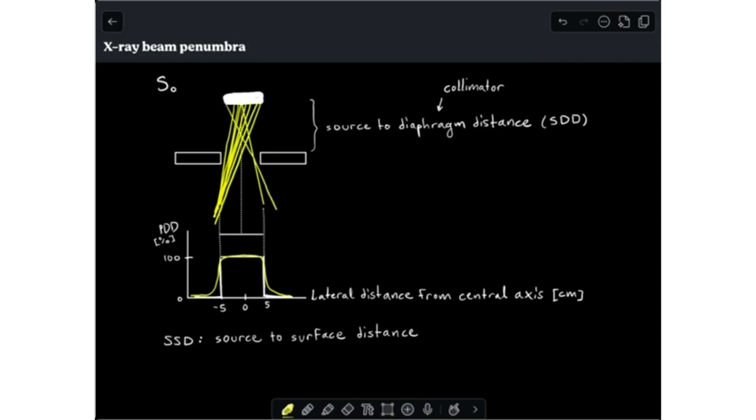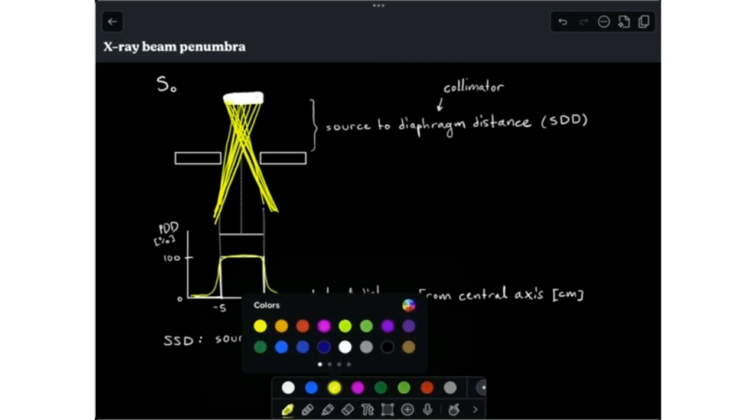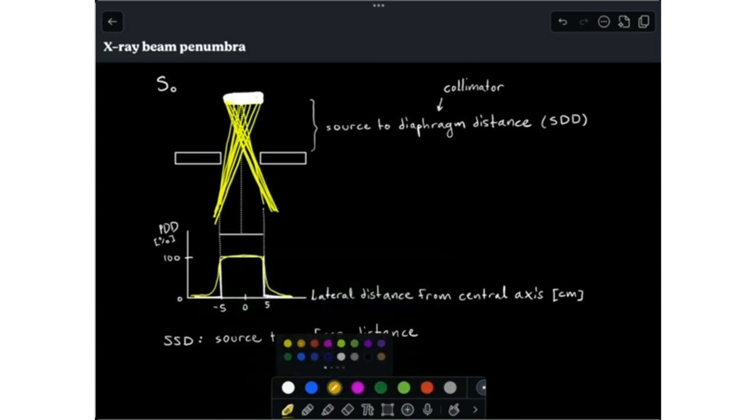And assuming we maintain our symmetry here, what we're going to see in the PDD is a broadened fall-off region on both sides. So let me draw that with orange here, showing how the extent increases at the lower dose isopoints, those being points on the PDD where the dose value is at the same fraction of the maximum dose.